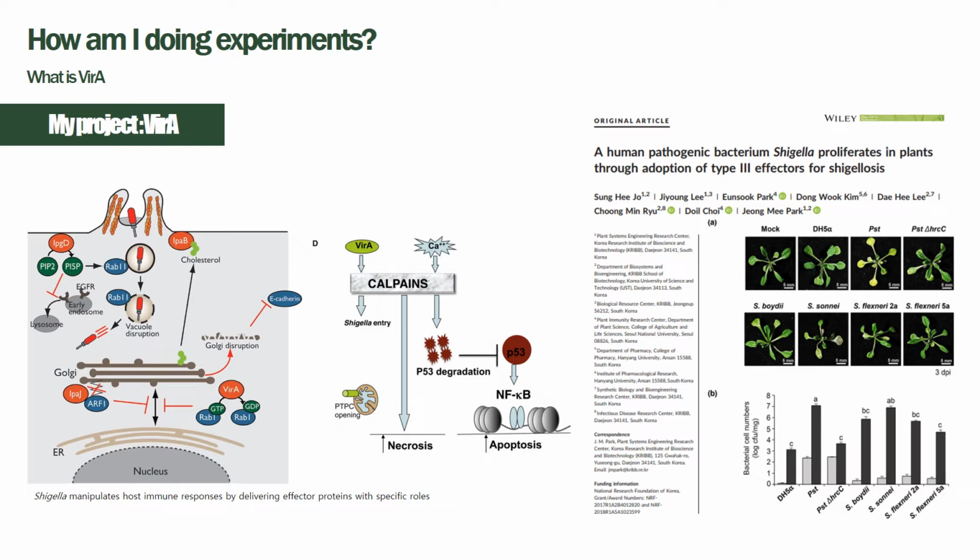Viral A is an effector of a human pathogen called Shigella that invades the human body and causes disease, and is known to bind directly to autophagy to prevent ER to Golgi trafficking and recycling, and interact with a protein called calpain to cause necrosis or apoptosis. A study showed that viral A causes disease in real plants, and I'm studying how viral A interacts with the plant protein that causes the reaction.